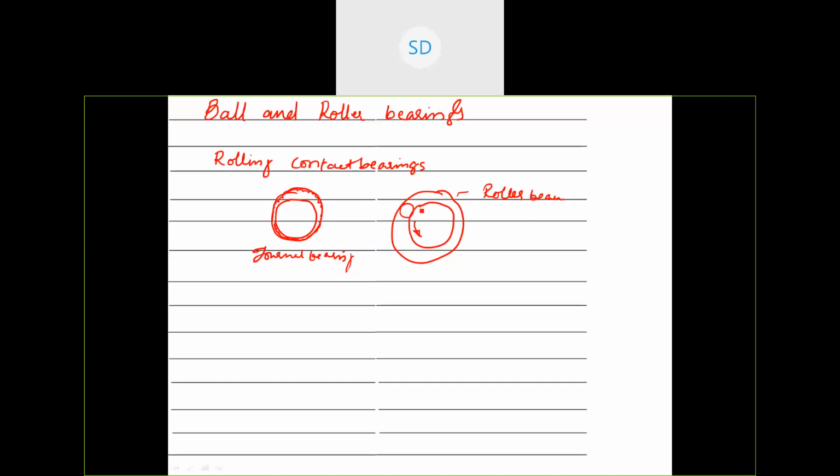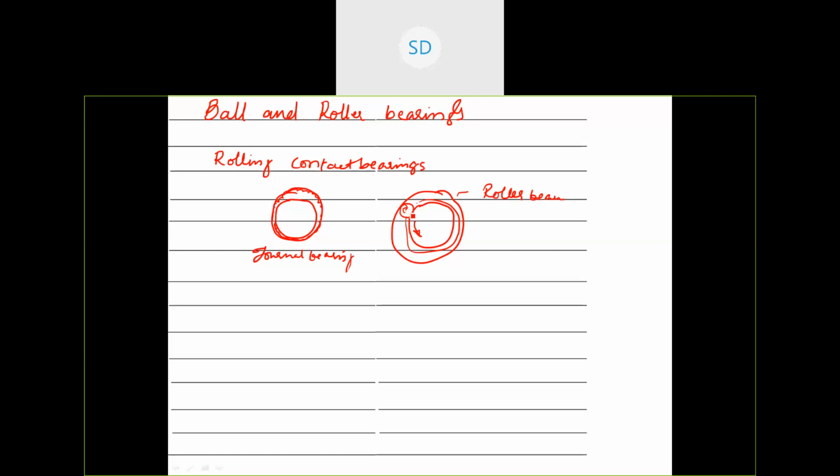So as this inner race starts to rotate, the roller also starts rotating itself as well as moving along its periphery.